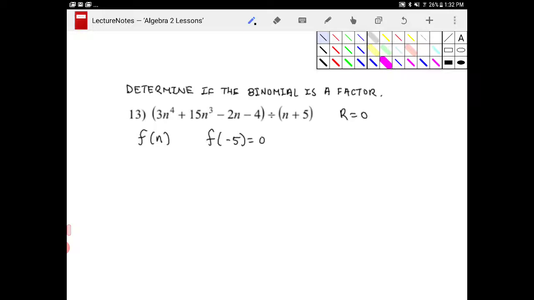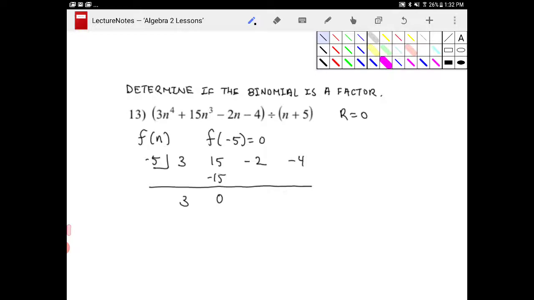So rather than, because I don't want to deal with really large numbers and the numbers can get really large really fast, I'm just going to write out negative 5, 3, 15, negative 2, negative 4. And let's see here. So I have 3. Negative 5 times 3 is negative 15.